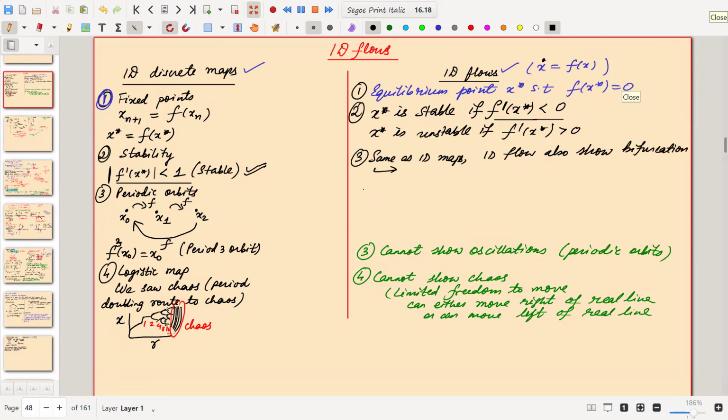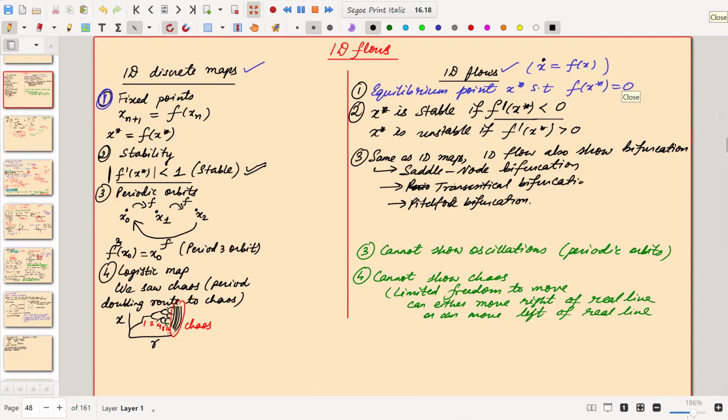Those bifurcations are the saddle node bifurcation, period doubling bifurcation, sorry, transcritical bifurcation, and pitchfork bifurcation.